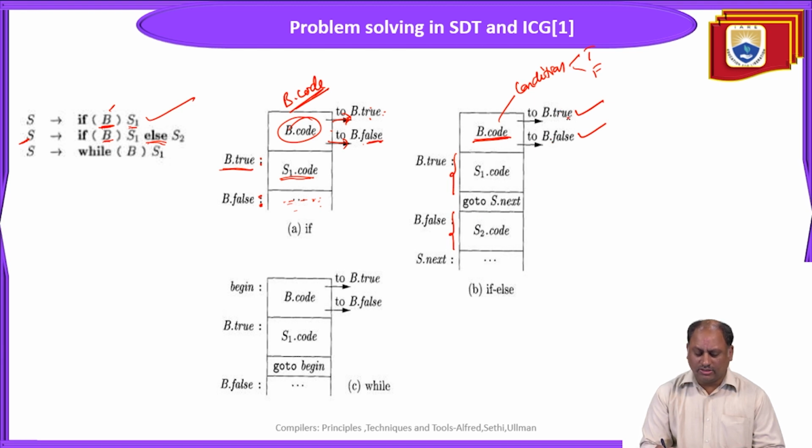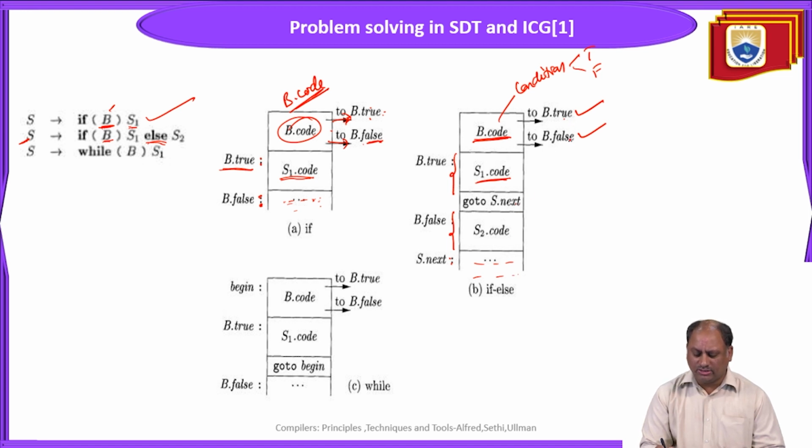So suppose it is the true condition, what are the statements? The next sequence of statements, that is S1 dot code, is to be executed, followed by S dot next. Go to S dot next means it skips the else block and goes to this. The program continues with the remaining list of statements.